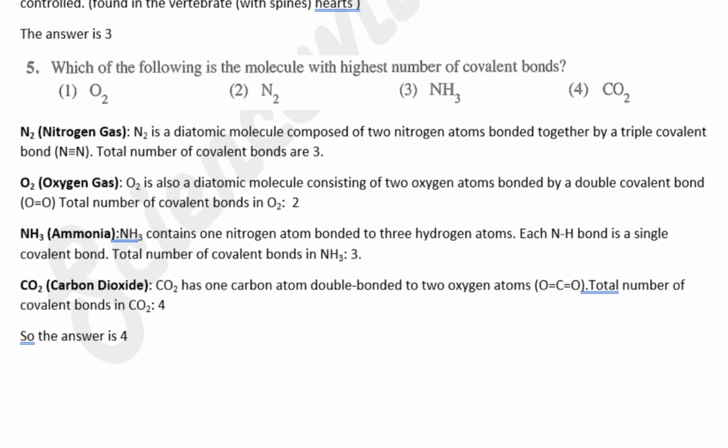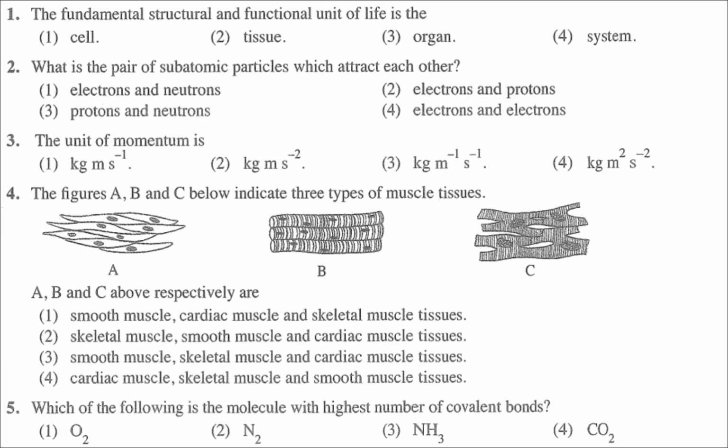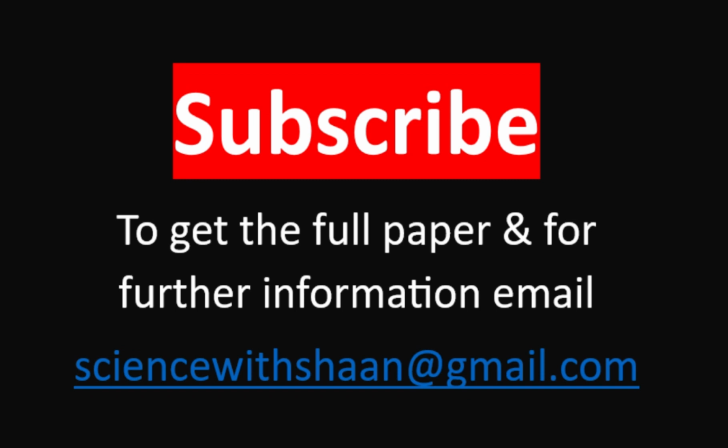Then we have carbon dioxide. Carbon dioxide is made of an oxygen atom, two bonds, carbon, then two bonds, oxygen. So in total, there are four covalent bonds. If you don't remember the Lewis structures, you have to draw it, but it is not that necessary. If you look at the examples in the book, you can understand what's going on.